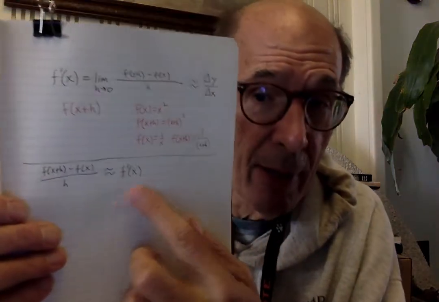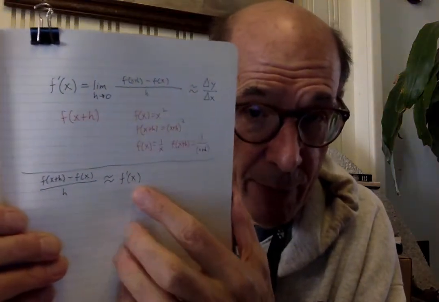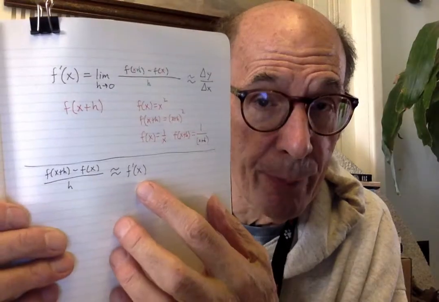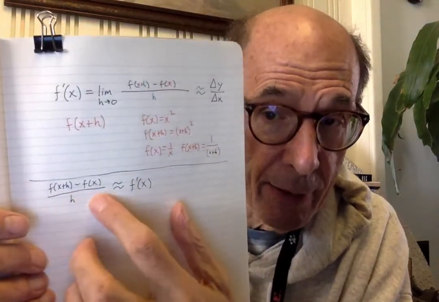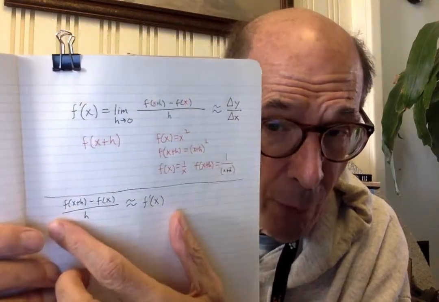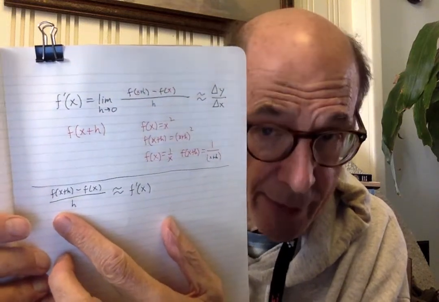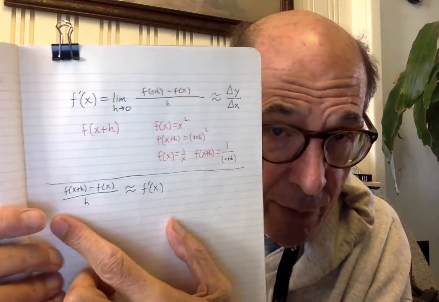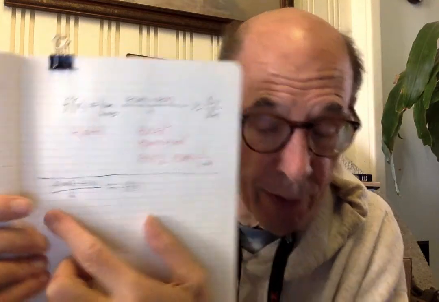Bingo. Now we've got something going for us here because f prime of x is something that we can find using algebra. And what we have over here is, as I've already said, it's the change of y divided by the change in x.